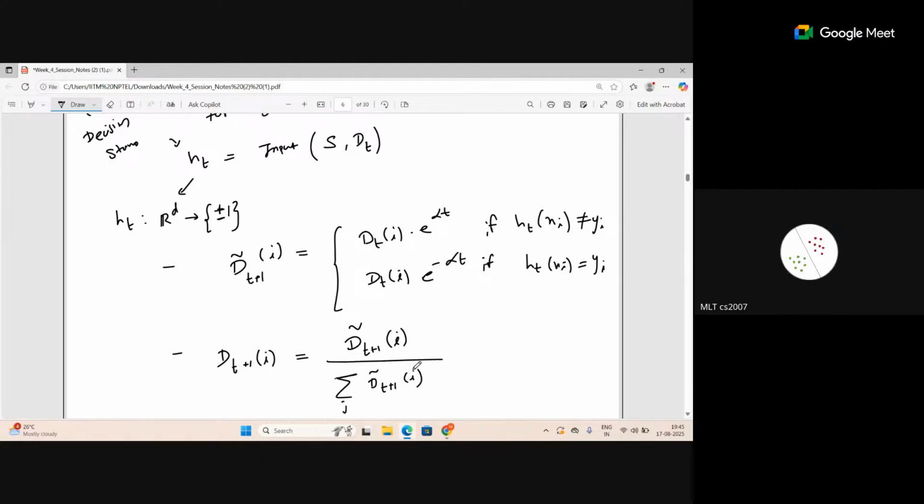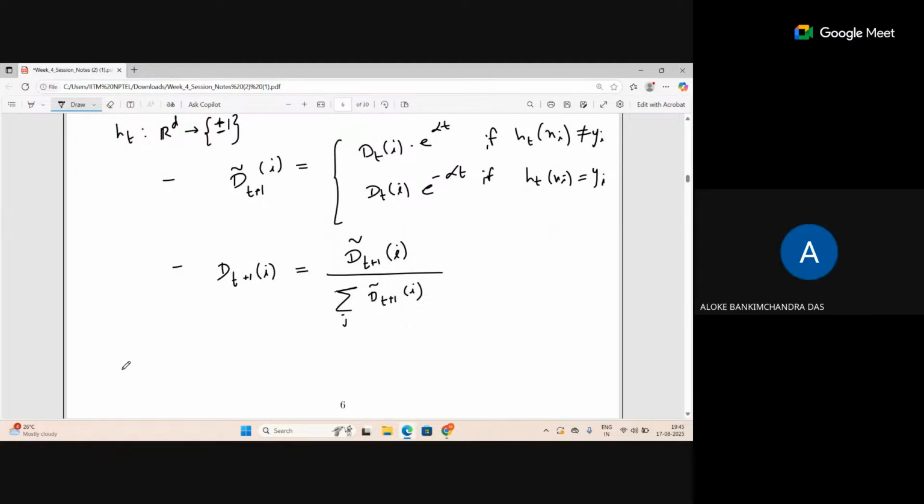Is that fine? This is what the algorithm is. And what will be the final decision? The final hypothesis at any step T is the sign of the summation over t equal to 1 to T of alpha t times ht(x). And what is alpha t?